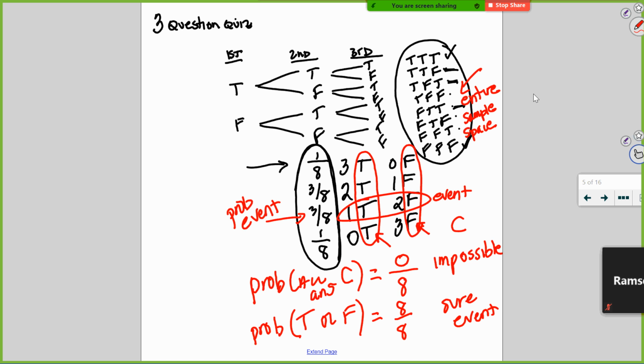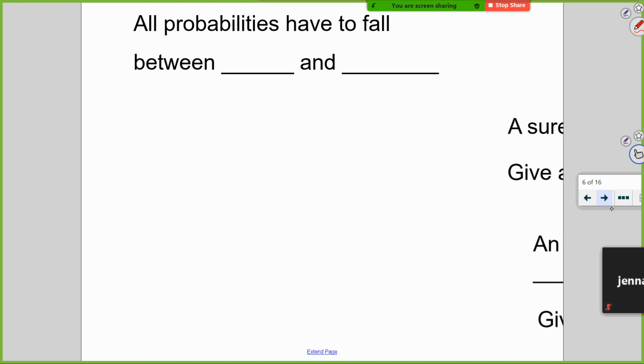Something that will always happen. Okay? Is that okay, Jenna? Right? That's what I was trying to get out of you. That impossible things and sure things happening. Does that make sense now that you know where I was trying to go to? Yeah. Okay.